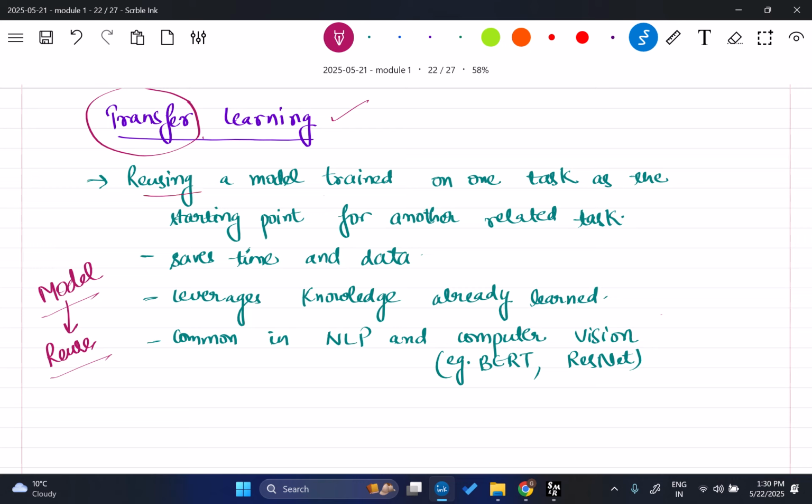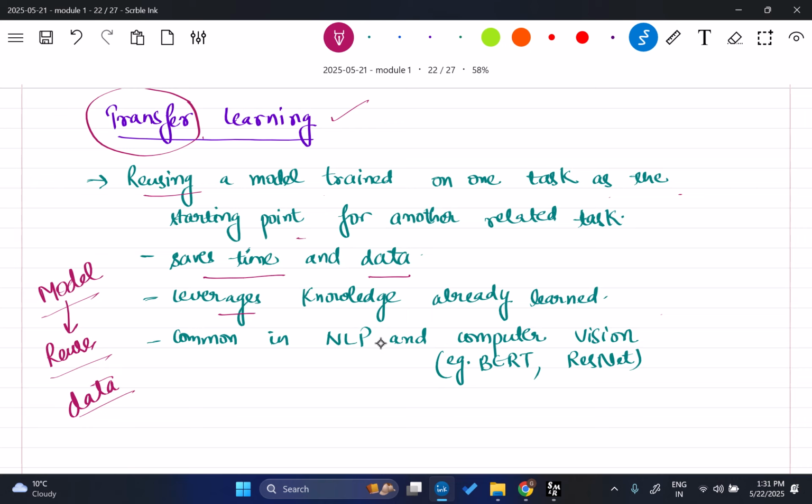So, reusing a model trained on one task as the starting point for another related task. This approach saves you time because you need not train the ML model from scratch, and it saves data also. You can reuse the previously trained model which had more data, compared to the other task where we have less data, so you can't provide that many examples to train the model. It leverages the knowledge already learned by the ML model.